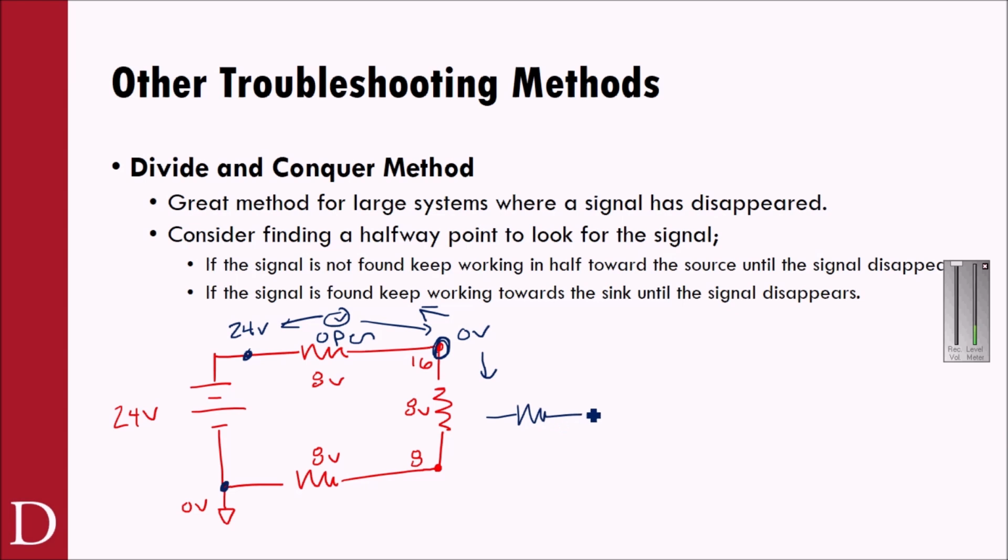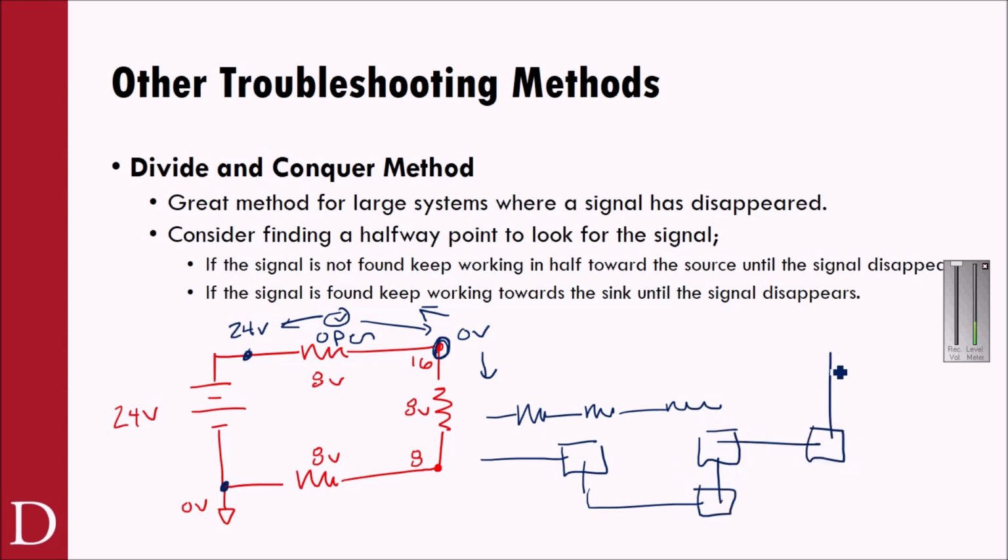But what if you have several components, right? Or not even resistors. Think about junction boxes. A wire comes into a junction box, comes out, goes over to another junction box, comes out, goes over to another junction box. This is my source over here, VS, and maybe I have a load over here that I'm expecting to do something.